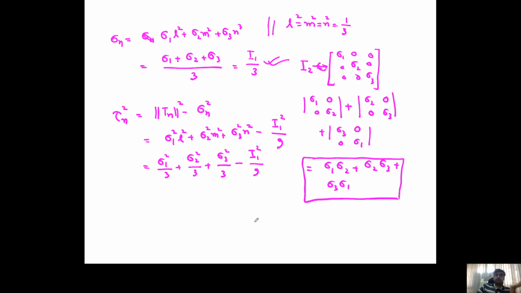Now what is the formula of a plus b plus c whole square?